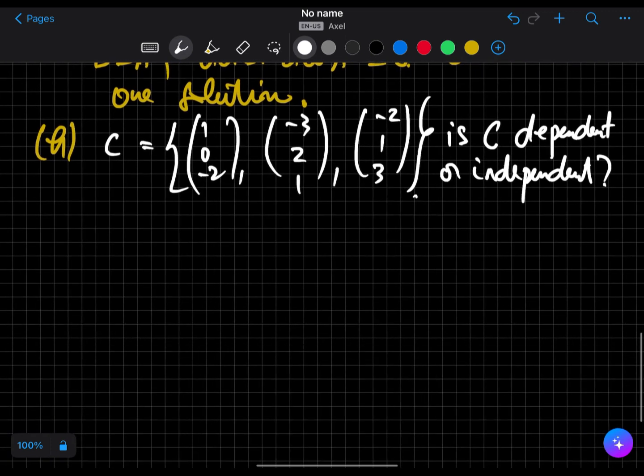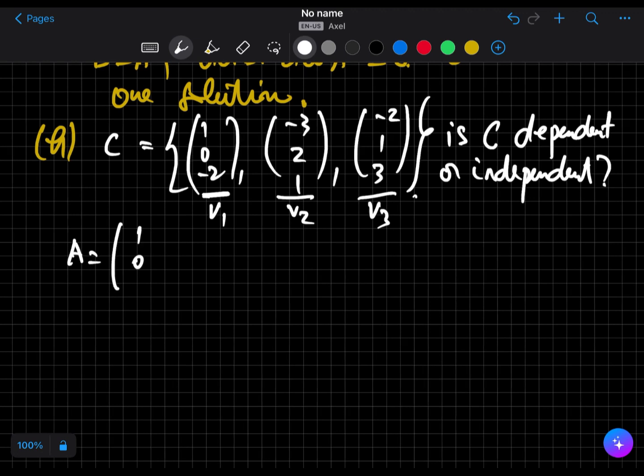So have a close look at the set of vectors C. You will realize that the vectors V1, V2, V3 are representing the columns of matrix A. Because remember that matrix A was defined as follows: 1, 0, minus 2; minus 3, 2, 1; minus 2, 1, 3, right?